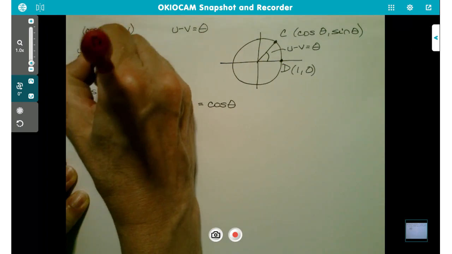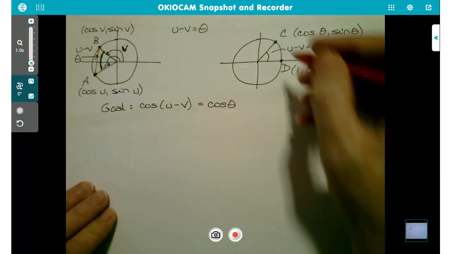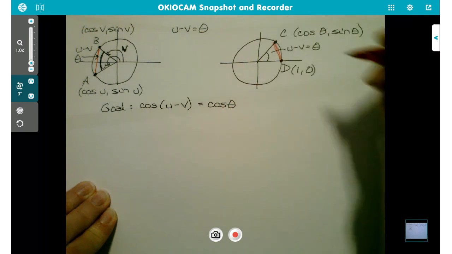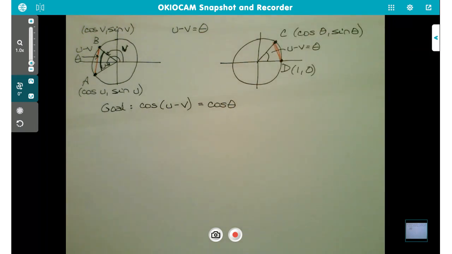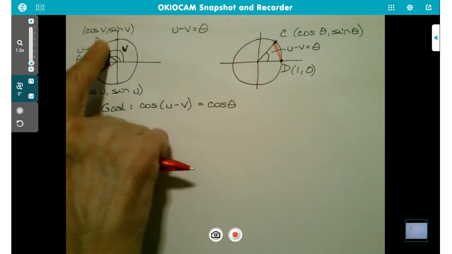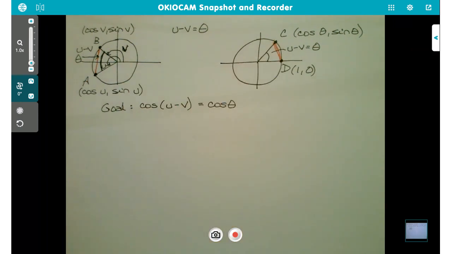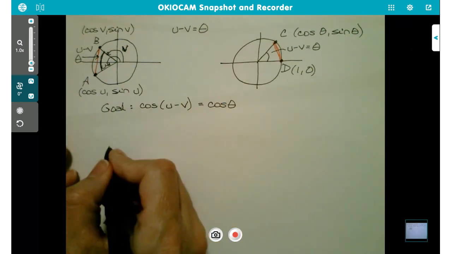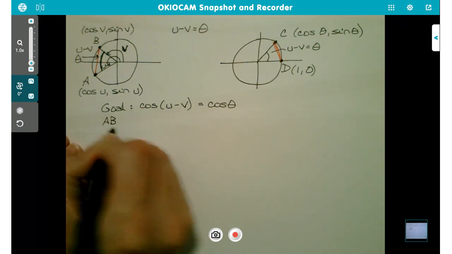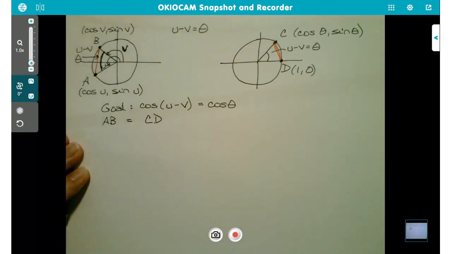If I draw a segment from A to B, and I draw a segment from C to D, those two segments are the same length because it's the unit circle, the radius is the same, and the angle is the same. So the distance between the two sides of the angle should be the same. So I'm going to make that observation that the segment AB and the segment CD are the same length.